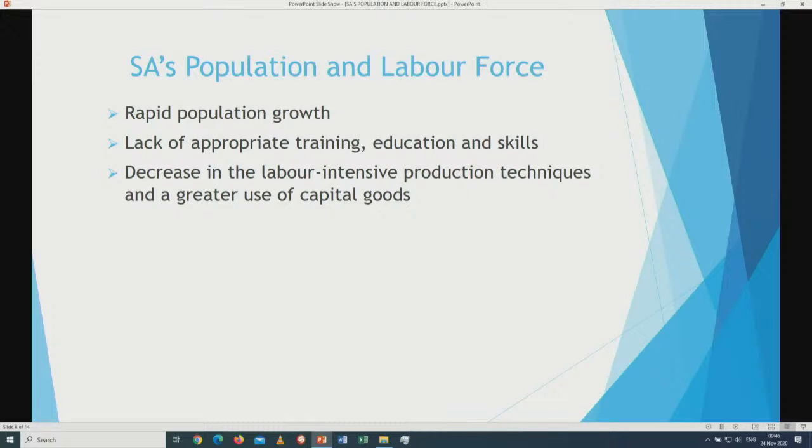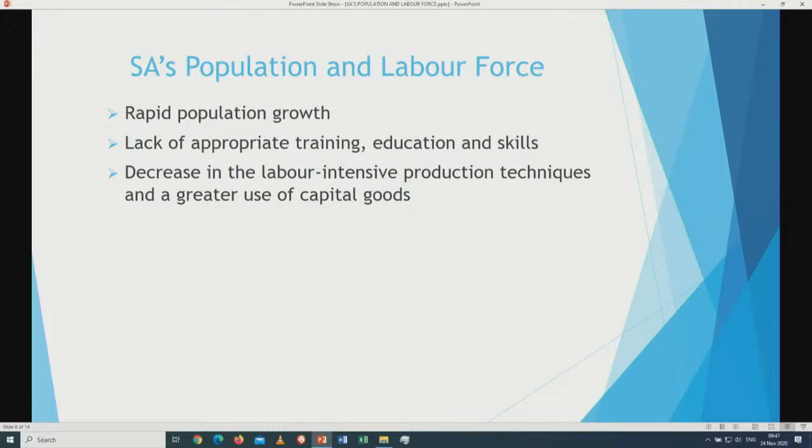When that happens, it means our production techniques are being substituted from being labor intensive, which means we do the production using people mostly. But when we replace people with the technology, we are becoming capital intensive.